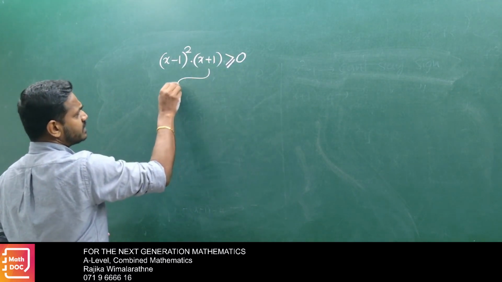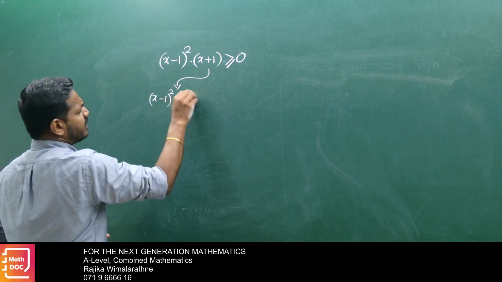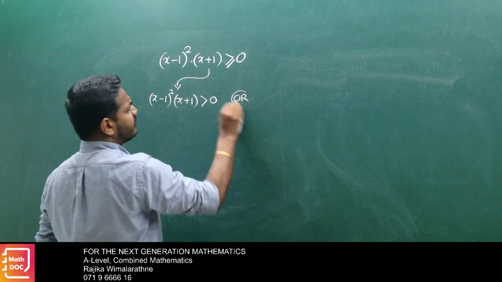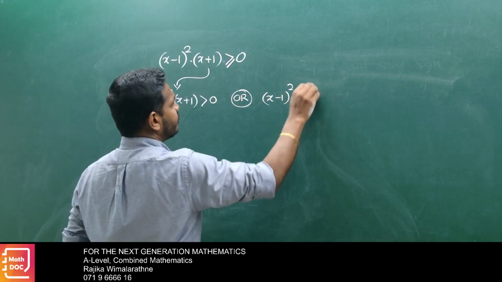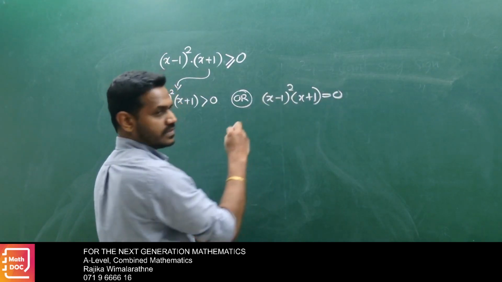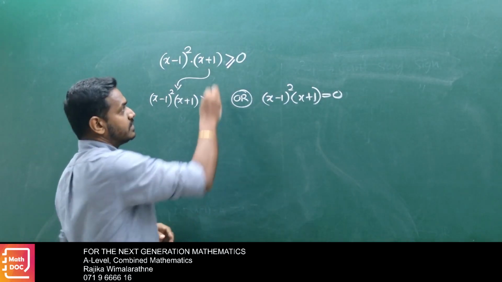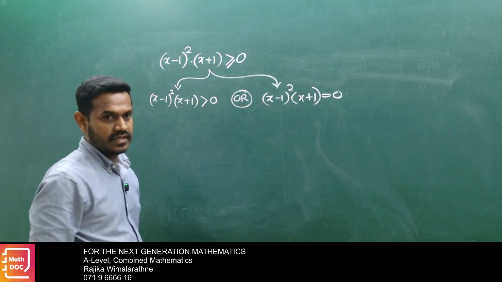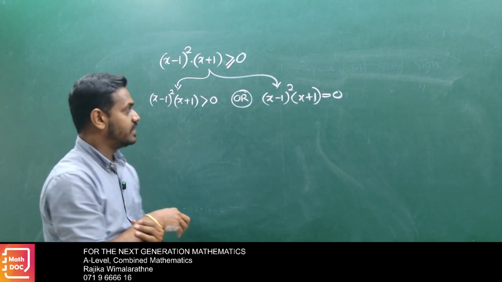Here we can split this: (x minus 1) squared times (x plus 1) greater than 0, or (x minus 1) squared times (x plus 1) equals 0. Here the thing is greater than and equal; "or" means union and "and" means intersection.